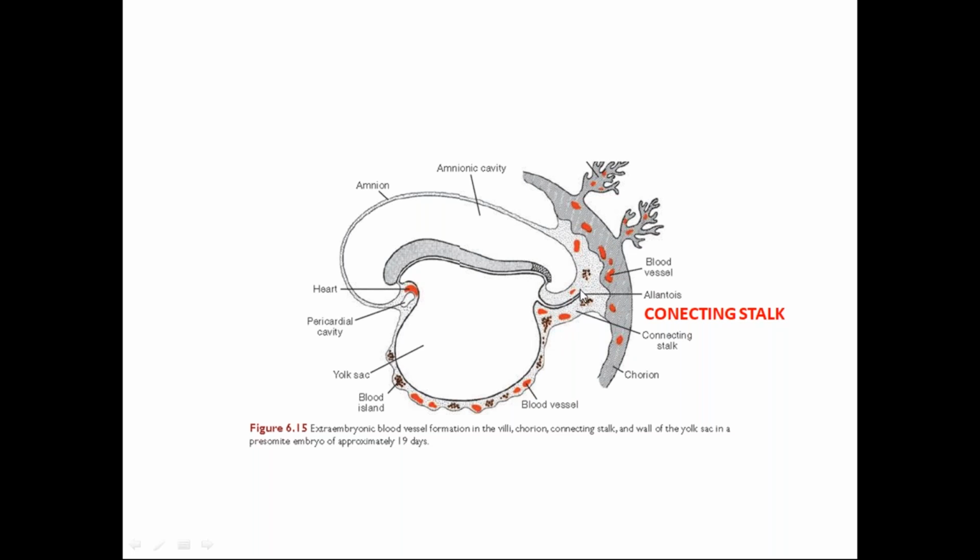And what is this? This is the allantois. In adults, it forms the urachus attached to the urinary bladder.